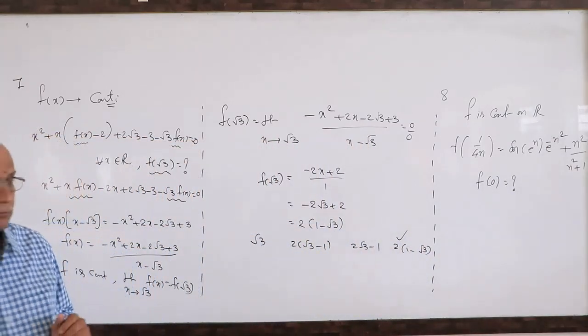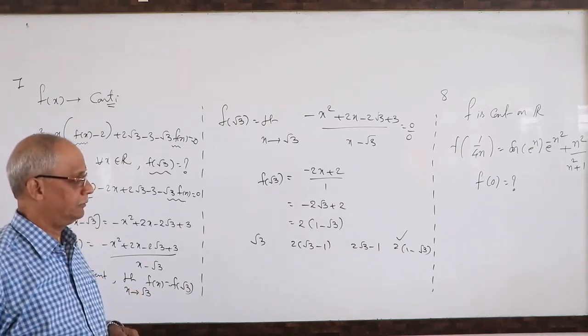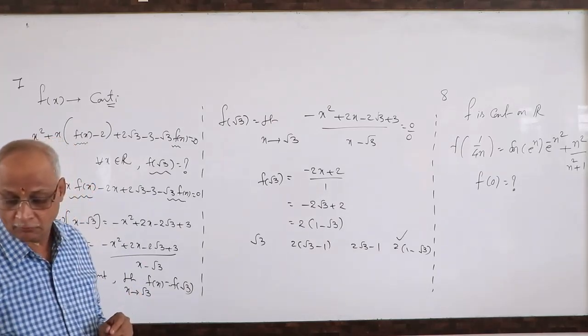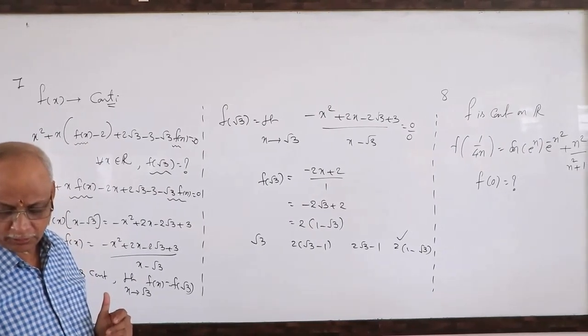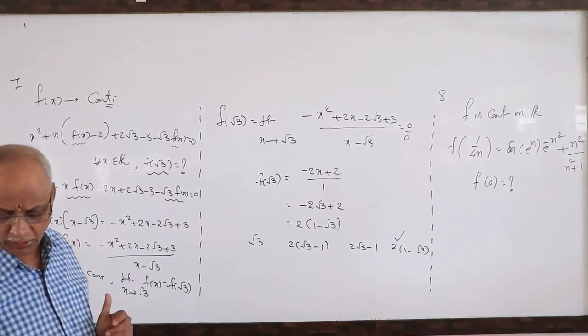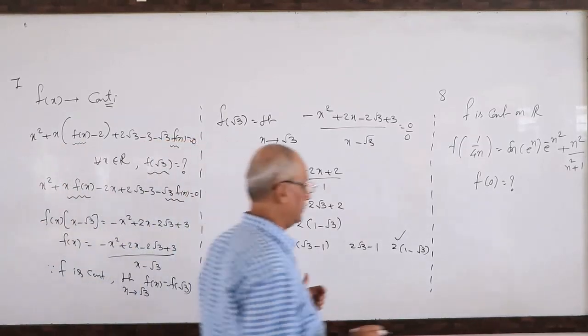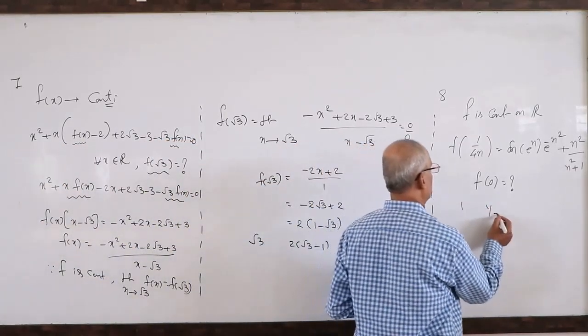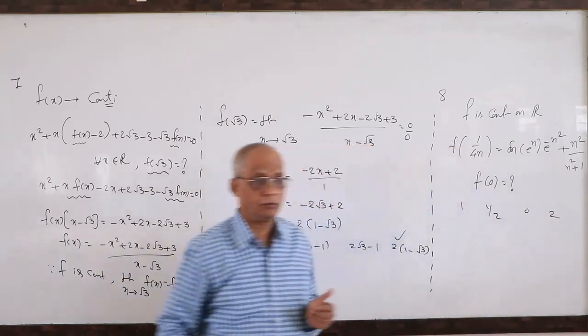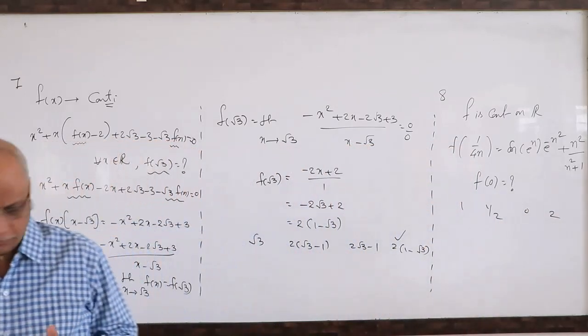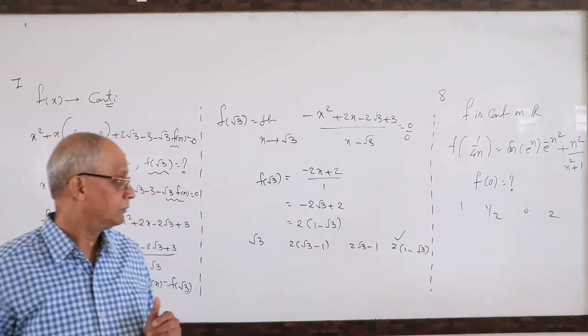What is f of 0? Not possible. What are the answers? That is important. Read the question, read the A, B, C, D, put any one of A, B, C, D. Okay? 1, half, 0, 2. Your marks are present again, somewhere your marks are present.